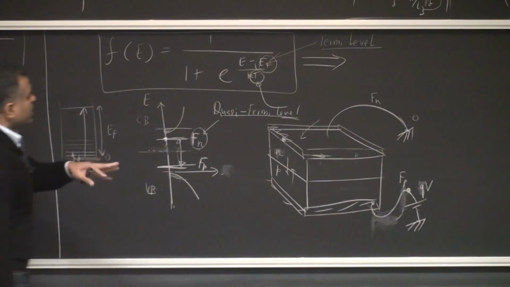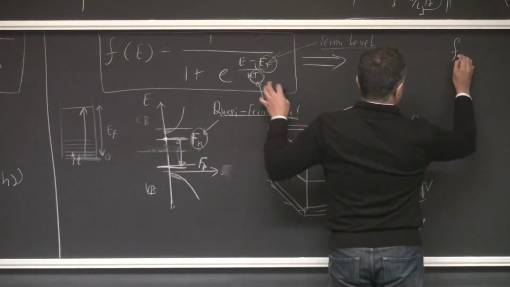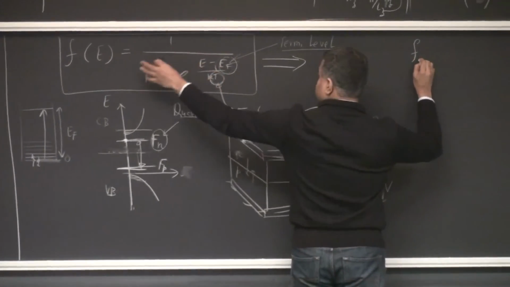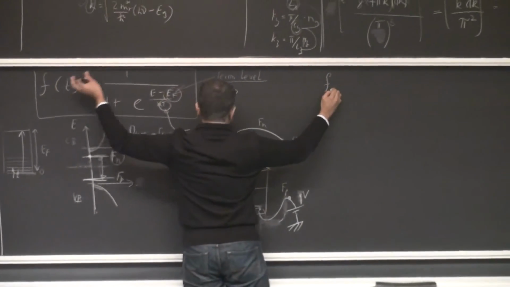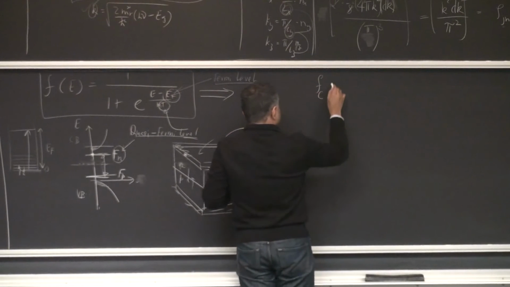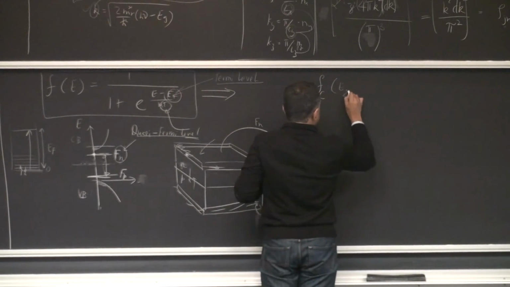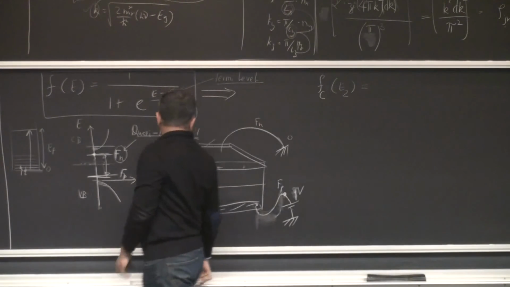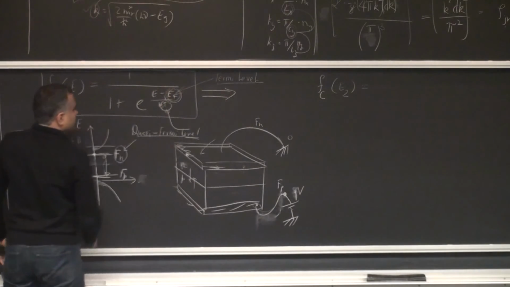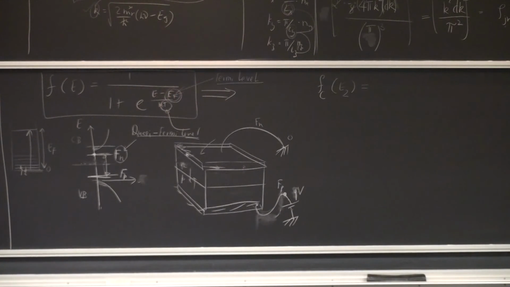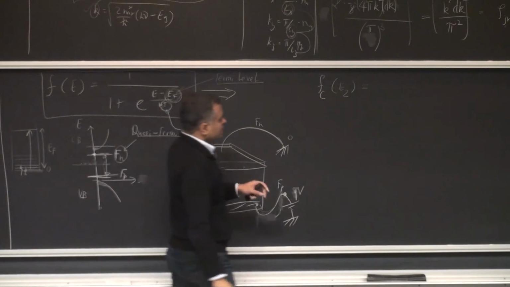And to highlight that aspect, we write the Fermi function, instead of being the same for both the conduction band and the valence band, as two Fermi functions with slightly different Fermi levels, and that difference is equal to the battery voltage we apply on the diode, the laser diode.